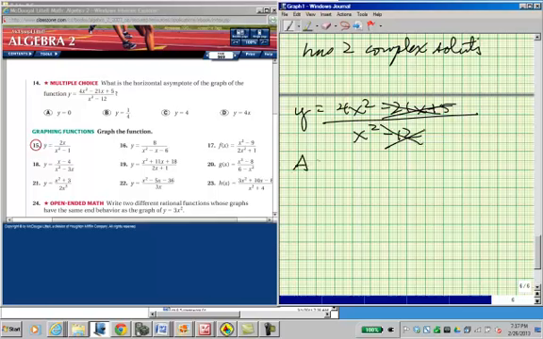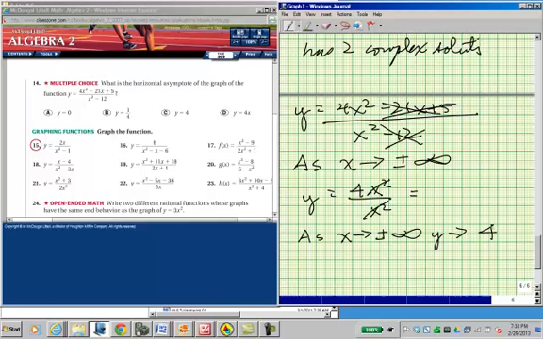So as x approaches positive or negative infinity, this function is going to look like 4x squared over x squared. It's going to look like 4 billion squared over a billion squared, which means the x squareds cancel out, and so as x approaches positive or negative infinity, y is going to approach 4, which is the ratio of the coefficients of the numerator over the denominator.